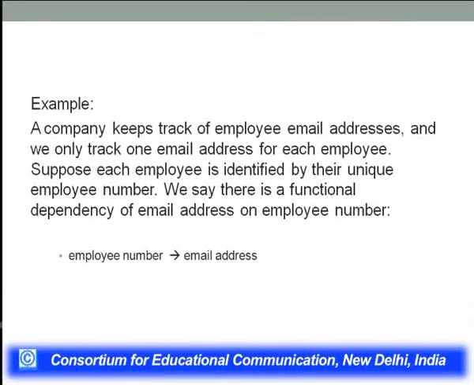For example, if a company keeps track of employee email addresses, we only track one email address for each employee. Suppose each employee is identified by their unique employee number. We say there is functional dependency of email address on employee number, because given the employee number, you can find out the email address.